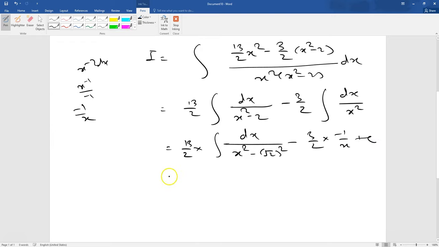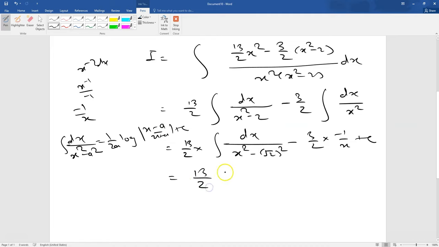Okay. Now the integration of dx upon x square minus a square is what? 1 upon 2a log of x minus a x plus a plus c, right? So this will be what? 13 by 2 into 1 upon 2 root 2 log of x minus root 2 x plus root 2, right?